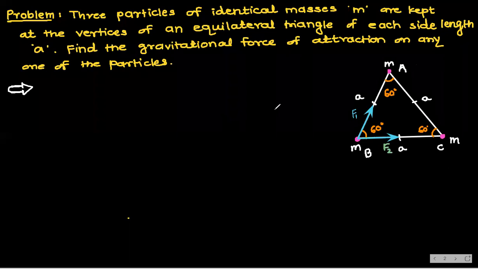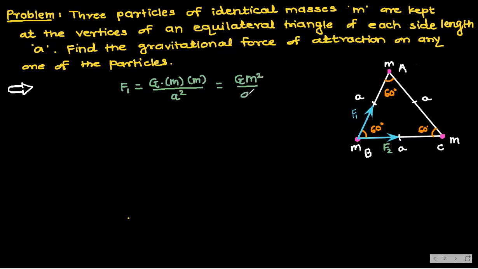Now what is the F1 value? F1 is equal to G into this mass into this mass, so M into M divided by the distance. What is the distance between A and B? It is a, so a square. So F1 is equal to GM square divided by a square.